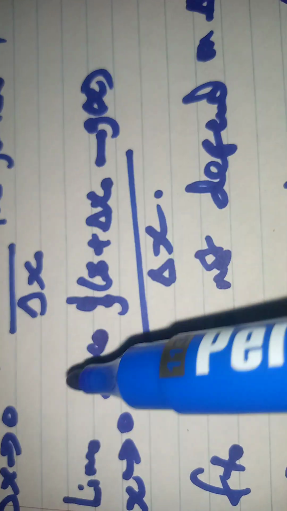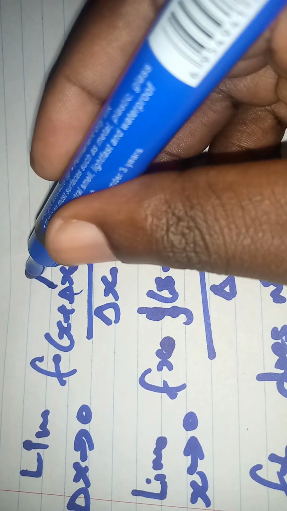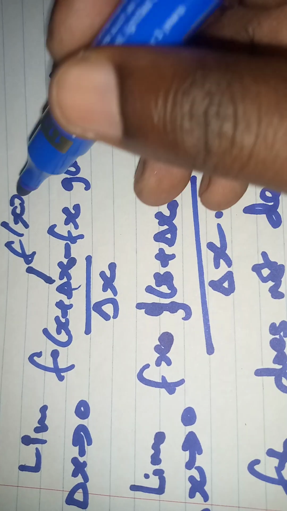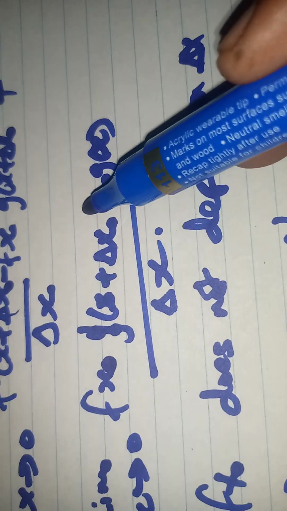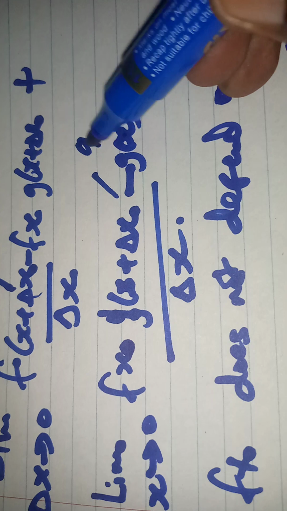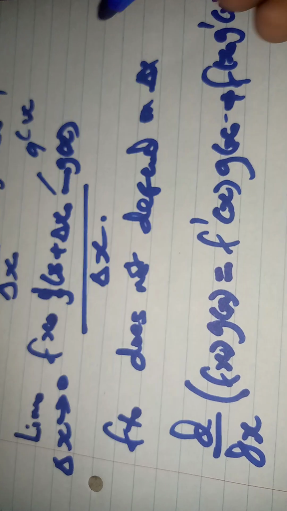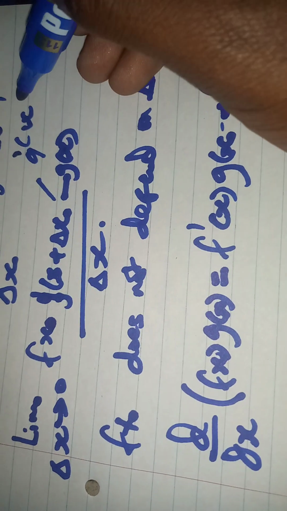Remember, the whole of this here is the derivative of f, and the whole of this one here is the derivative of g.